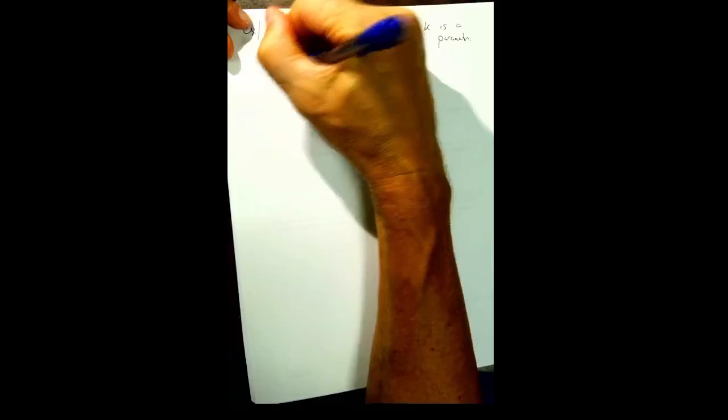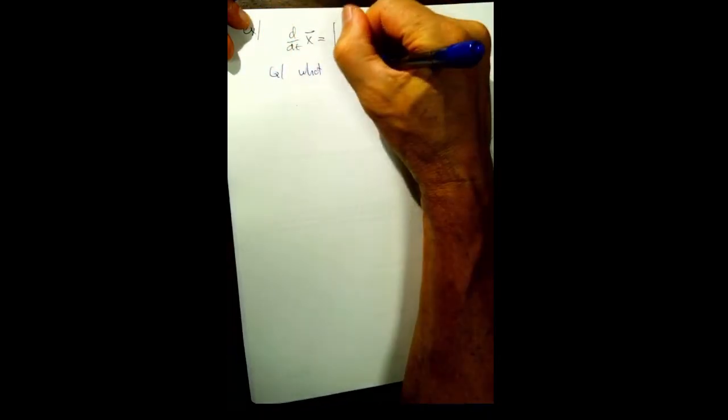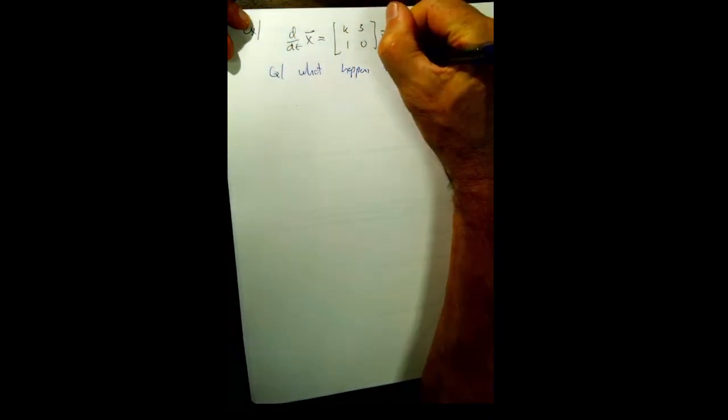Suppose we have the system of differential equations. They're in this form, and k is a parameter. And the question is, what happens for various values of k?